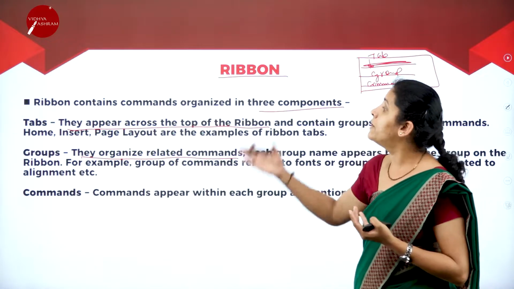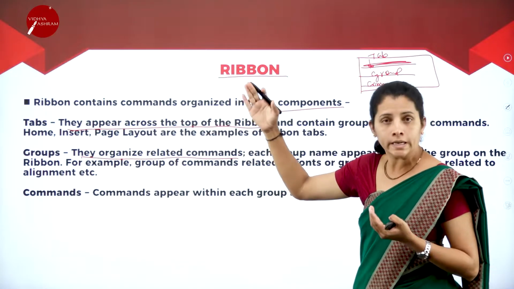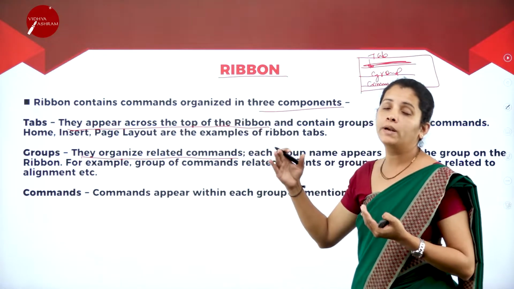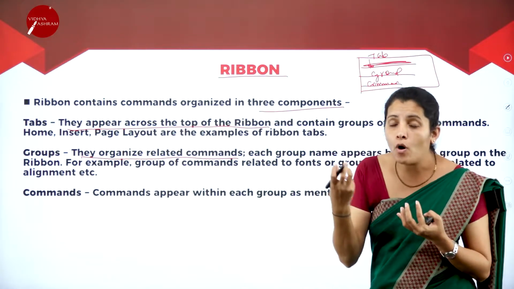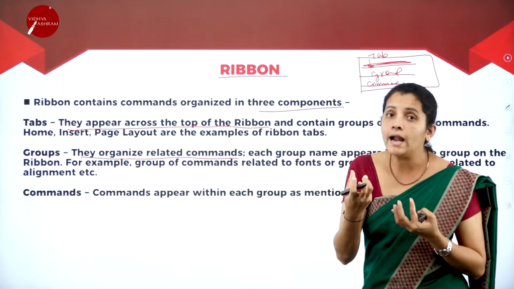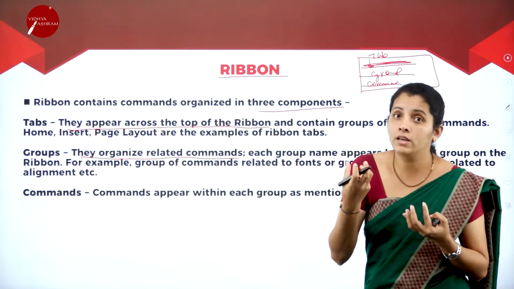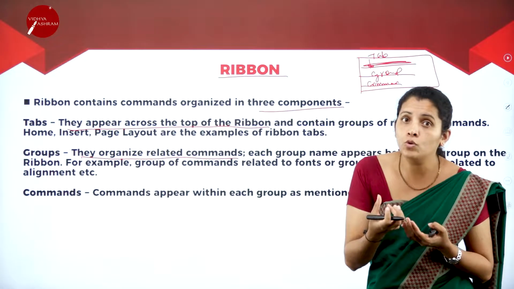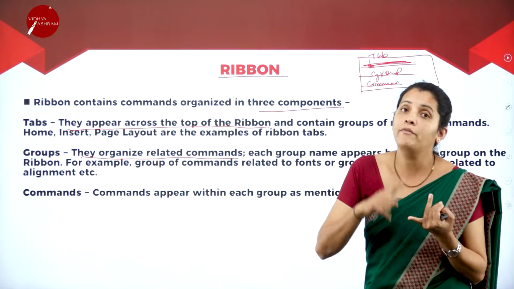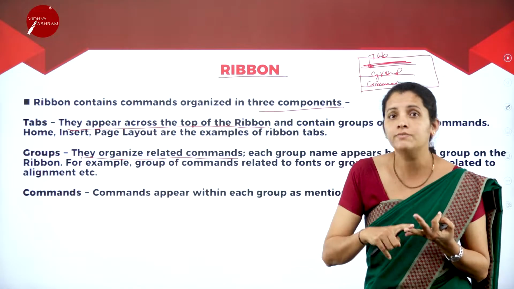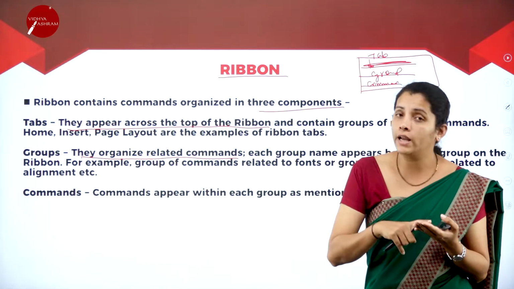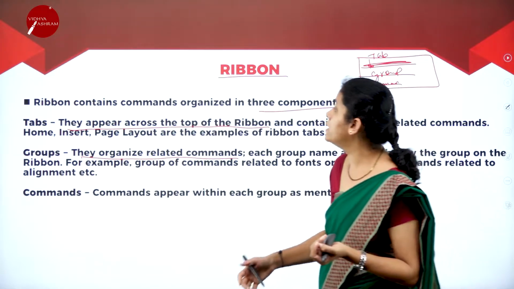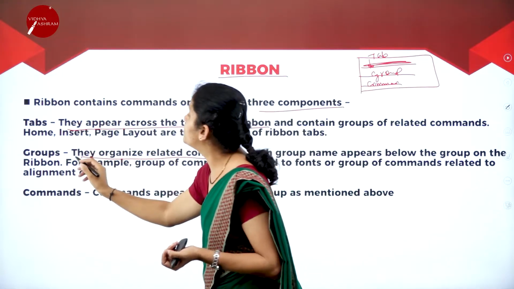That means if I select the home tab, under the home tab I'm going to get the groups of commands. Under that I'm going to have the font group. If I select the font group, under that I'm going to have font style, font size, font appearance, font alignment, etc. So here that is a group.